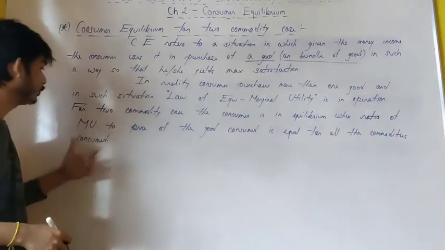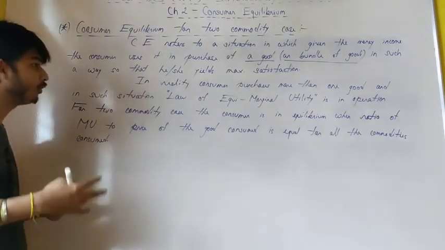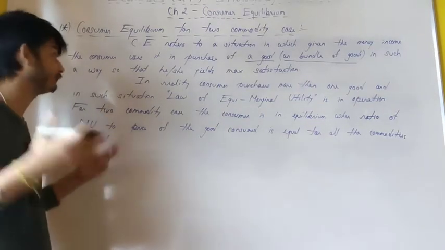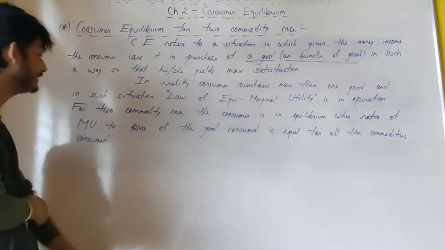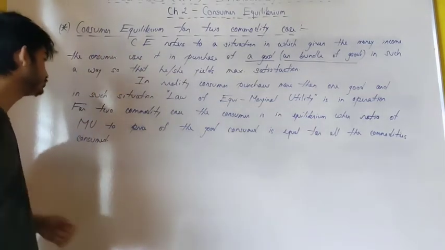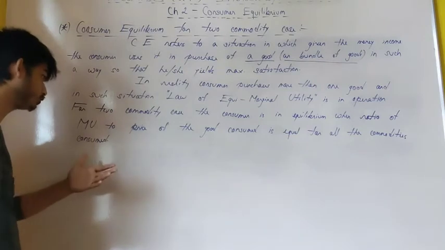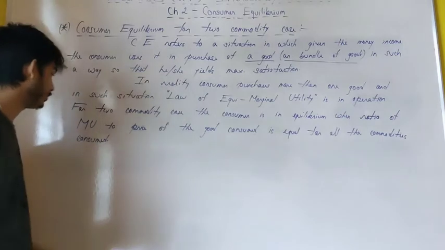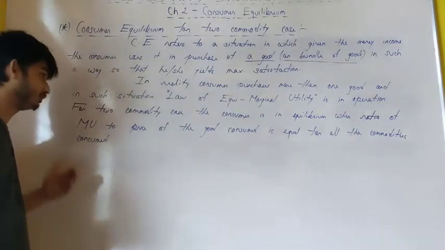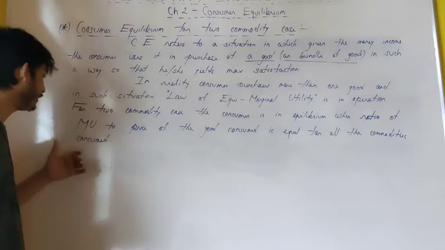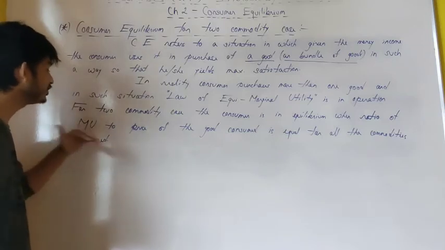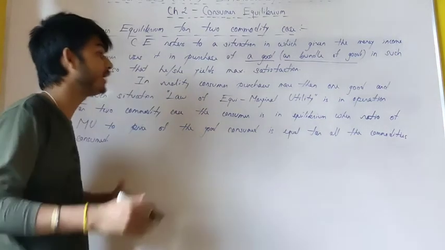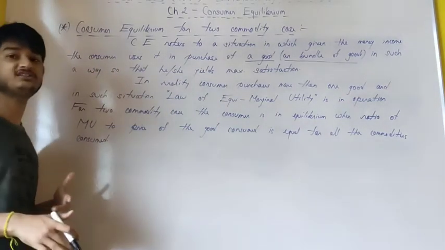That means whenever the consumer is consuming more than one commodity, that could be 3, 4, 5, 6, but for simplicity we are just taking the two commodity case. Whenever the consumer is consuming two or more commodities, the law of equimarginal utility is in operation, and the consumer will be in equilibrium at a point where the ratio of marginal utility to the price of the good consumed is equal for all the commodities consumed.